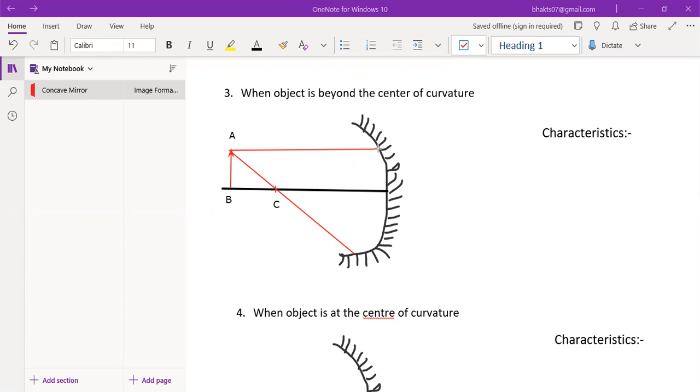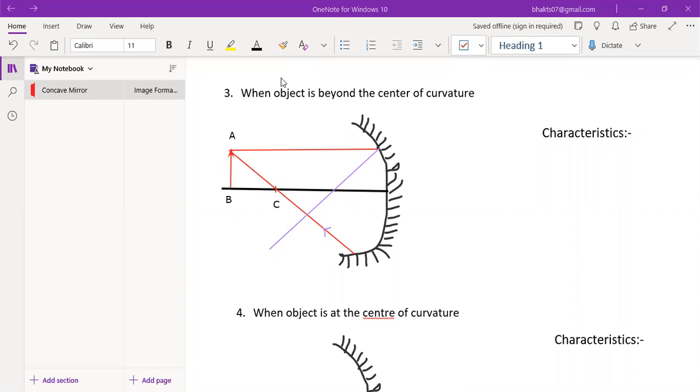So after the first ray gets reflected, what we have is it gets reflected somewhat this way. And the second ray retraces its path, that is the same arrow.